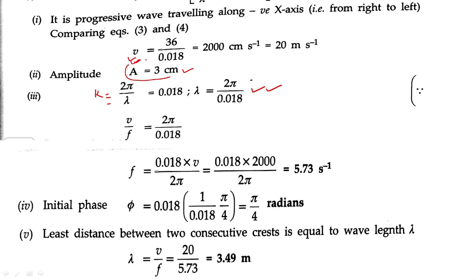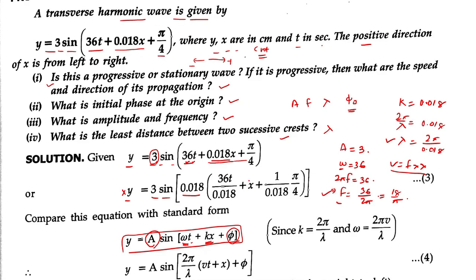You can find the velocity, and velocity equals frequency into wavelength, but by using this formula you can also calculate frequency. And phi equals pi by 4. I already told you that phi equals pi by 4. Look here, this is the initial phase. By looking at this equation you can easily find the answers.